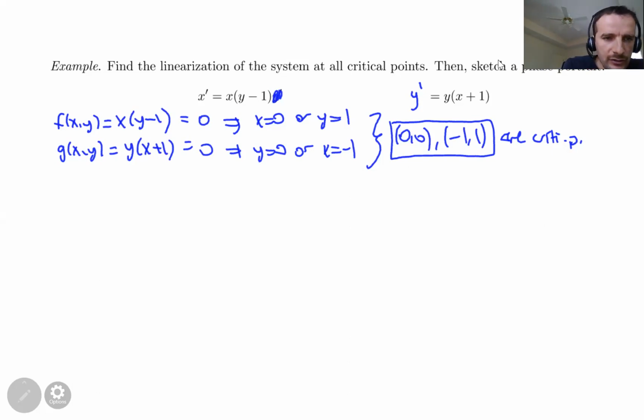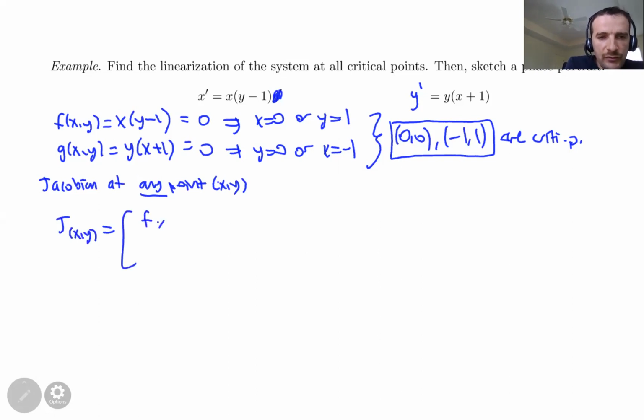First of all, let me find the Jacobian for any point (x, y). So the Jacobian for any point (x, y) will be the partial derivative of f with respect to x, partial derivative of f with respect to y, partial derivative of g with respect to x, and partial derivative of g with respect to y.